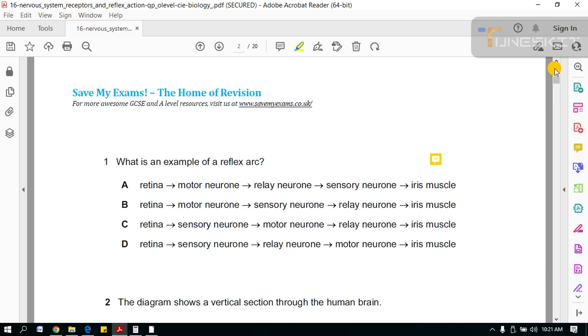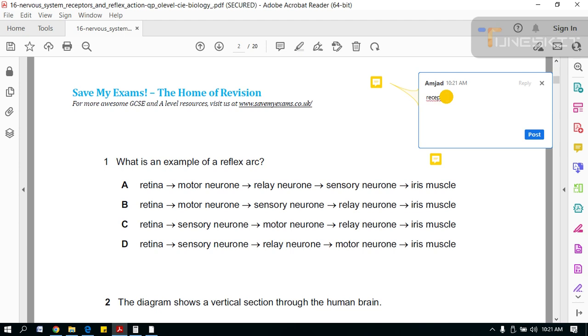So this is your first MCQ, that is, what is an example of a reflex arc? You people know a reflex arc is an involuntary action which is not under the control of the brain, and the pathway involved in the reflex arc starts from a receptor.